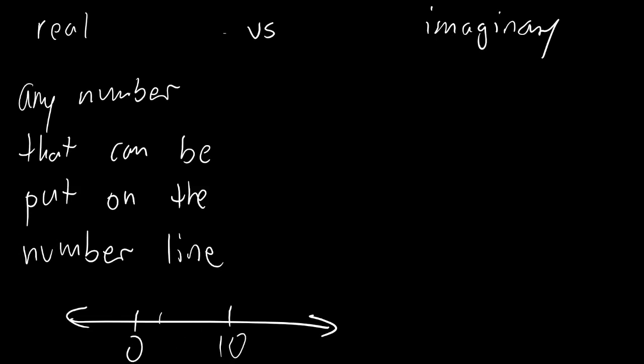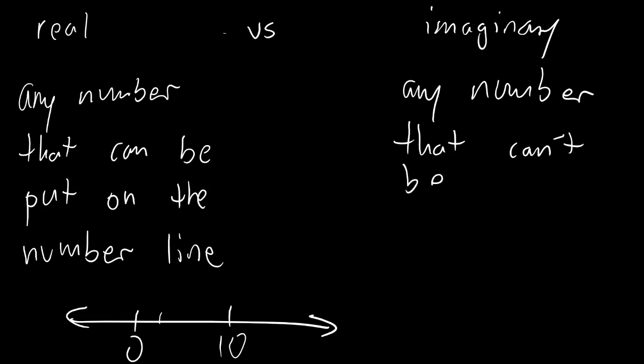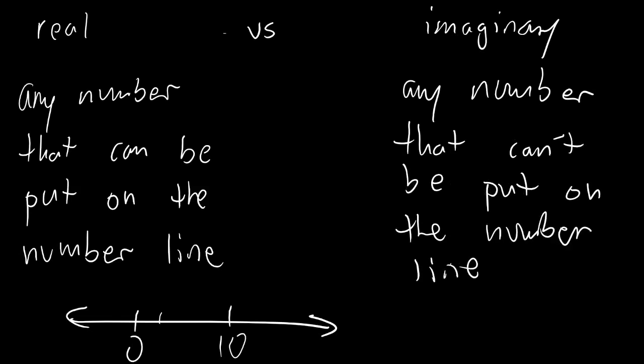What about imaginary? Imaginary numbers are numbers that can't. I won't copy this down, but you can, or actually, whatever. Any number that can't be put on the number line.